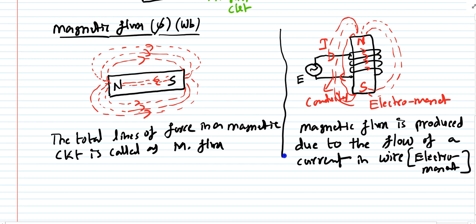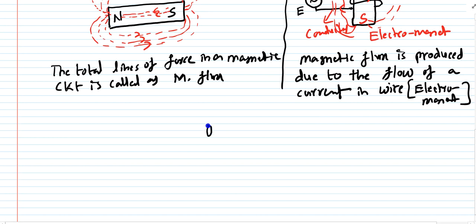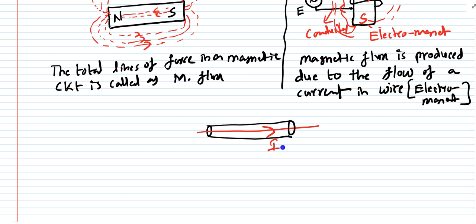If you talk about what is meant by magnetic flux, as I already told you, suppose you have a conductor like this, with the current direction I. Whenever a current carrying conductor is there, it is going to produce a magnetic field around the conductor.